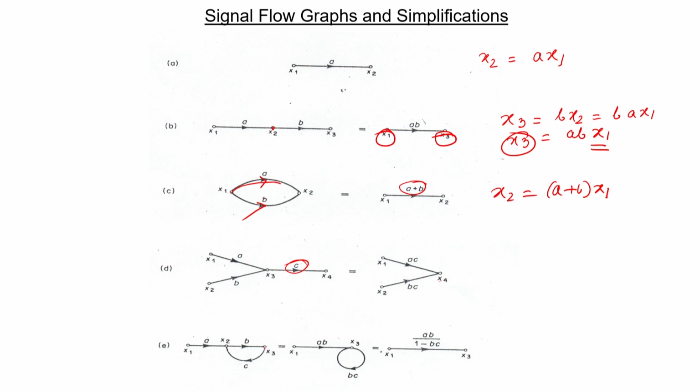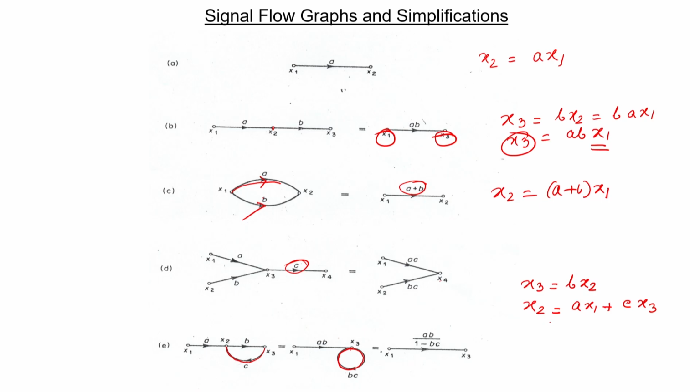Another interesting example is this one, that there is a loop like this between x2 and x3, but I can make it a self loop. How can I do it? Well, I know that x3 equals bx2, that I already know, and then I also know that x2 equals ax1 plus cx3 by definition.